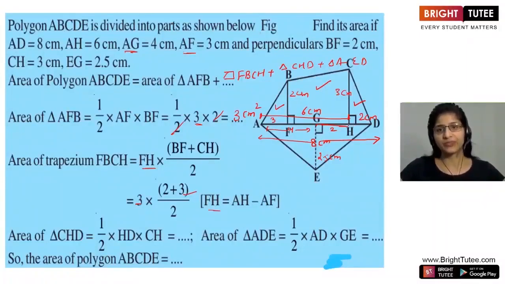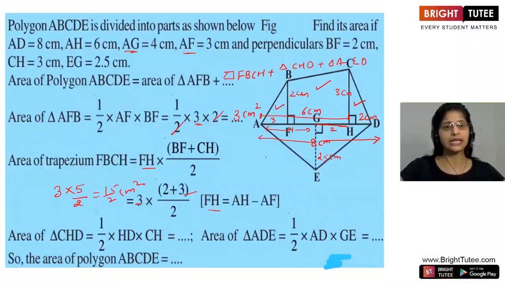From AH, if we subtract AF, we get FH. FH is 3, because this total is 6. So by solving it we get 3 into 2 plus 3 is 5, upon 2. So we get 15 upon 2 square centimeter.